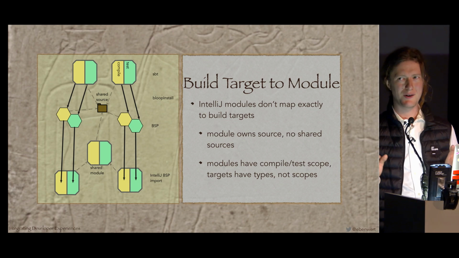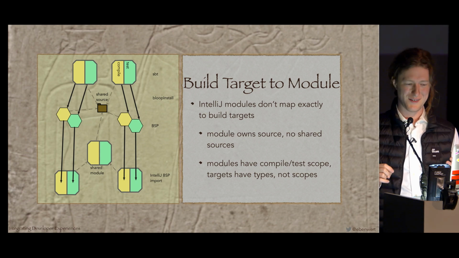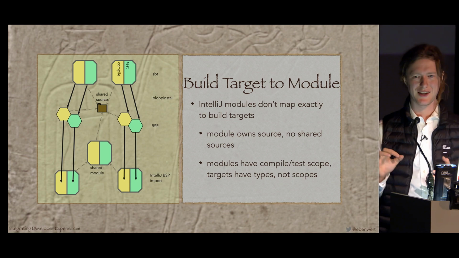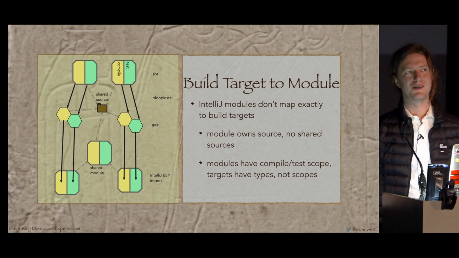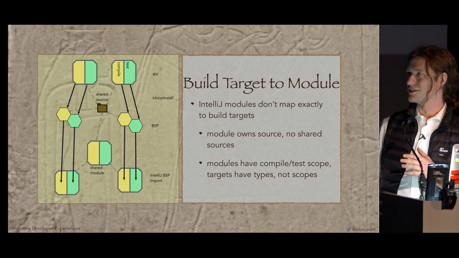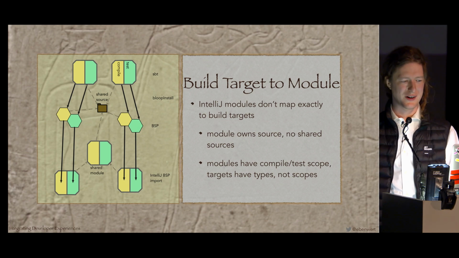That kind of works, but it will usually break compilation when you compile from within IntelliJ. Luckily with BSP now we have a bit of a way around this. We just outsource the compilation to the build tool directly.